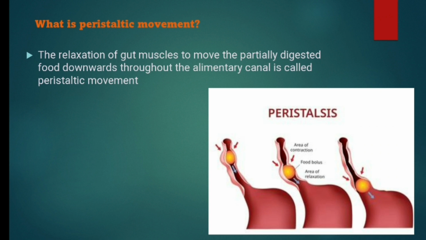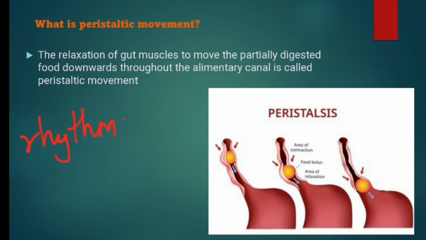What is peristaltic movement? When the food enters the esophagus, it has to slowly move down towards the stomach, and the food is pushed with the help of certain rhythmic contractions.